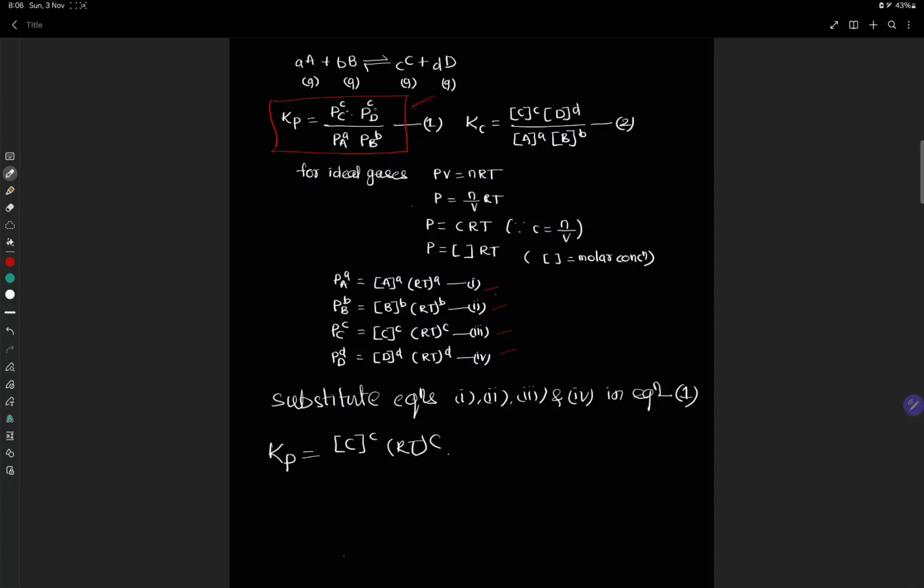Instead of partial pressure of D power d, what you can write, molar concentration of D power d into RT whole power d, by, instead of partial pressure of A power a, what you can write, this term, that is, partial pressure of A power a is equal to molar concentration of A power a into RT power a.